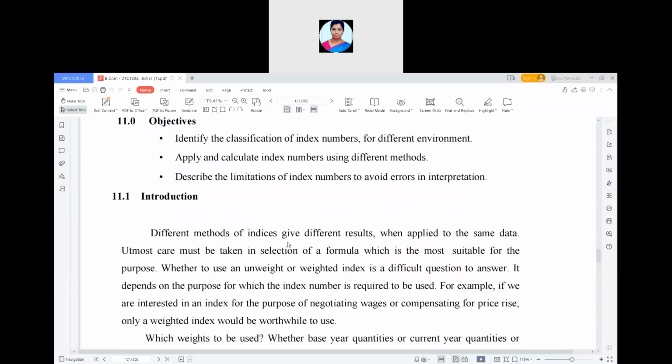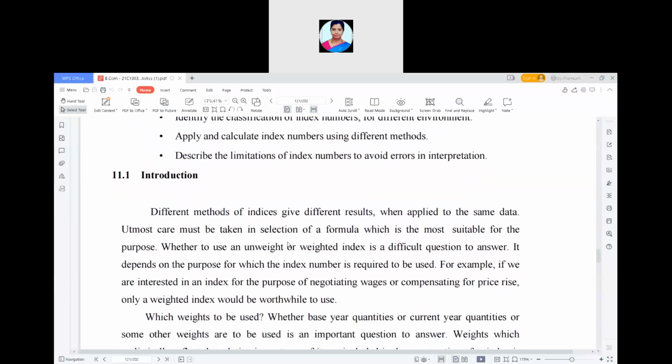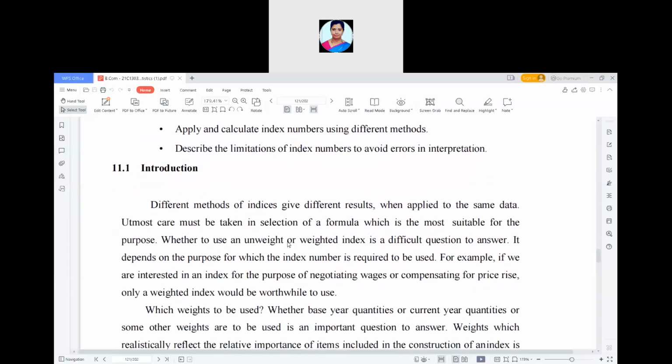Different methods of indices give different results when we apply them to the same data. We have so many methods and so many results we can get. So utmost care must be taken in selecting the formula which is most suitable for the purpose.